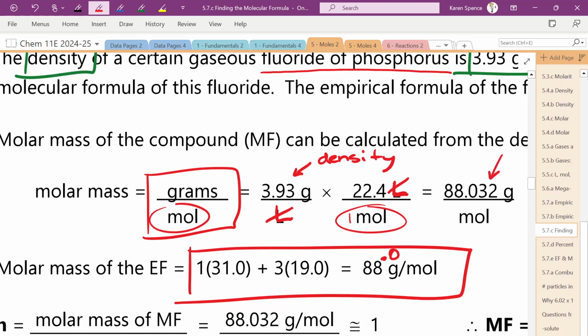You do not need to round because you're going to be calculating a whole number eventually. So just leave the digits there. Don't round off too much. Keep like 4 digits, 5 digits, just so you don't end up with weird stuff. This is our molar mass of our molecular formula.